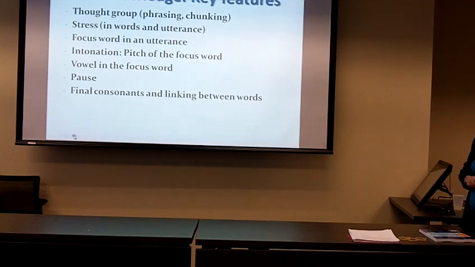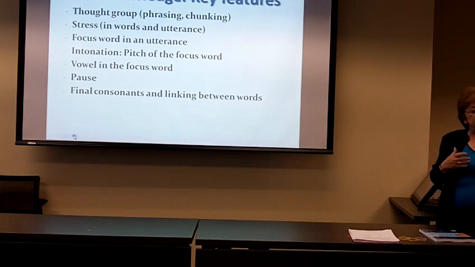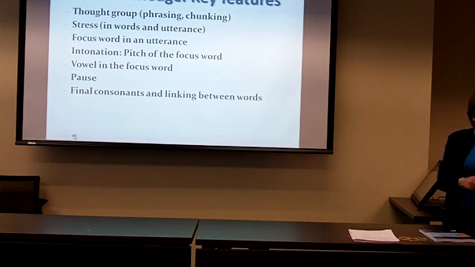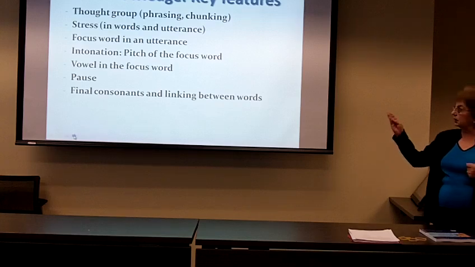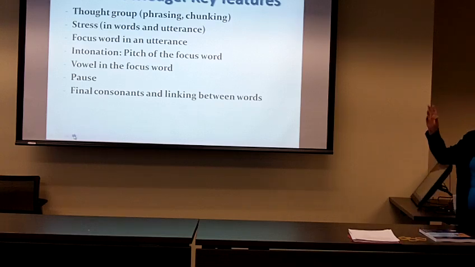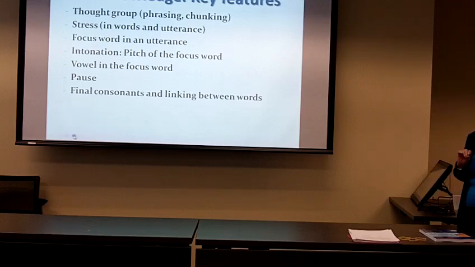Then stress in words and utterance, focus word, or the most important word in the sentence, intonation, that is the pitch, the movement of the voice, vowel in the focus word, pause, final consonants, and linking words. I will focus very briefly on each of these key features, and after that we will practice, okay?